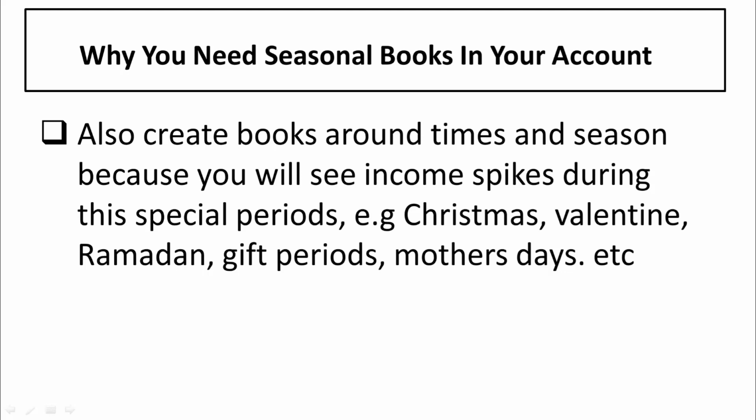Okay, so while the evergreen is selling, I'm also spiking my income up with all these seasonal books. That's basically how I balance my account. I have evergreen selling, so I know that my income doesn't come below a level, but when the season comes, I can always spike it.